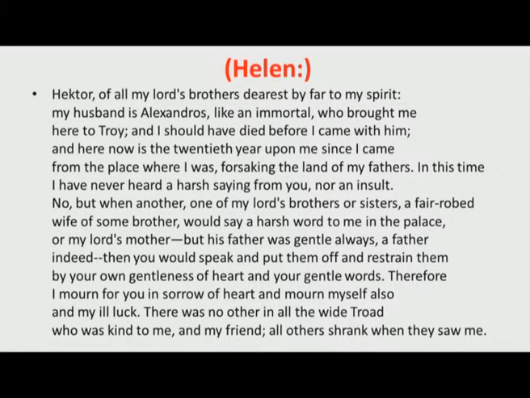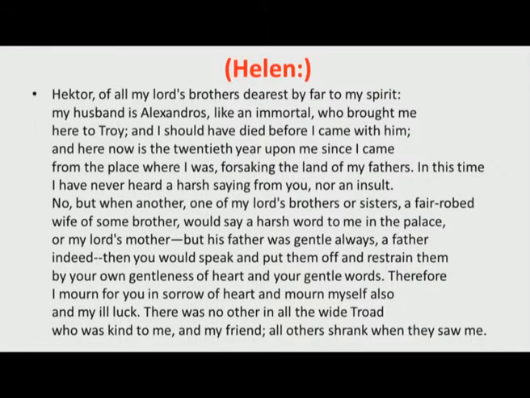Hector, of all my lord's brothers, dearest by far to my spirit, my husband is Alexandros, like an immortal, who brought me here to Troy, and I should have died before I came with him. And here now is the twentieth year upon me since I came from the place where I was, forsaking the land of my fathers. In this time I have never heard a harsh saying from you, nor an insult.